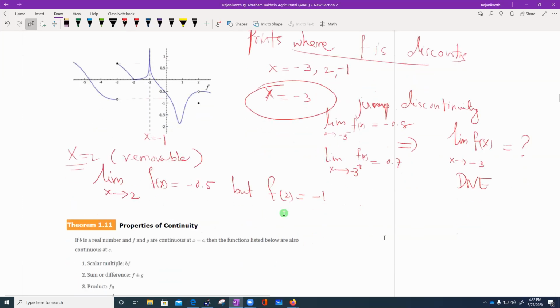Okay. You see now, let me ask one question. I have to ask this because I need to make sure you understood the notion of continuity. We have the limit at 2, which is -0.5. We have the function value at 2, which is -1. Then why do we call 2 not a continuous point, a discontinuity point? Why is it a discontinuity?